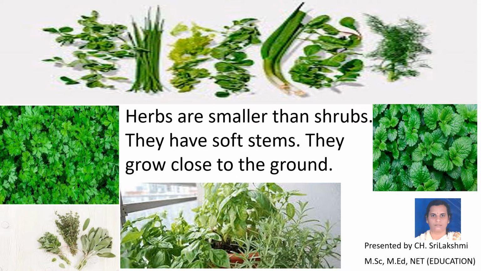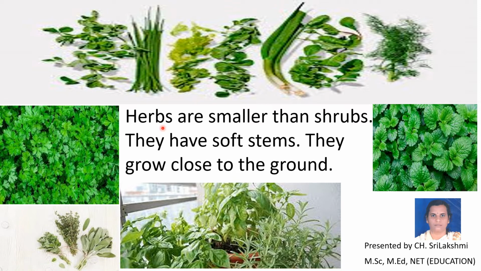Now we have studied that shrubs are smaller than the trees and they have a woody stem and many branches. Now we are coming to the herbs. What are herbs? These are plants which are smaller than the shrubs. They have a very soft, delicate stem.